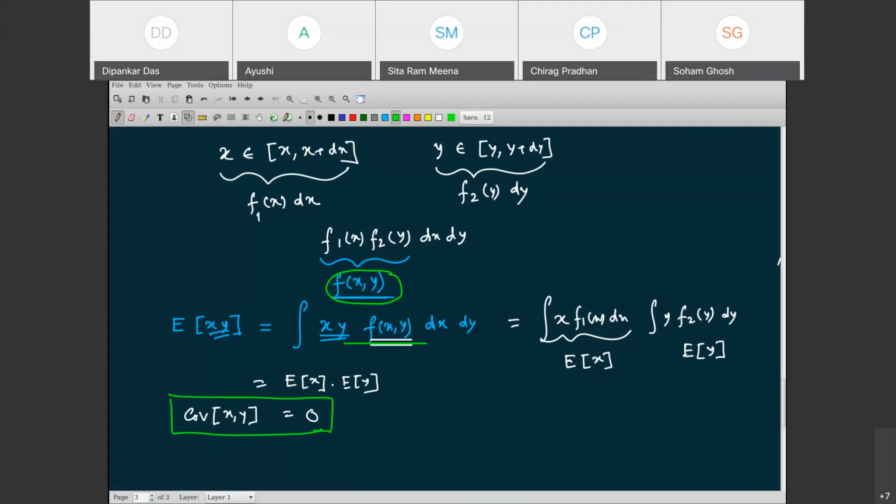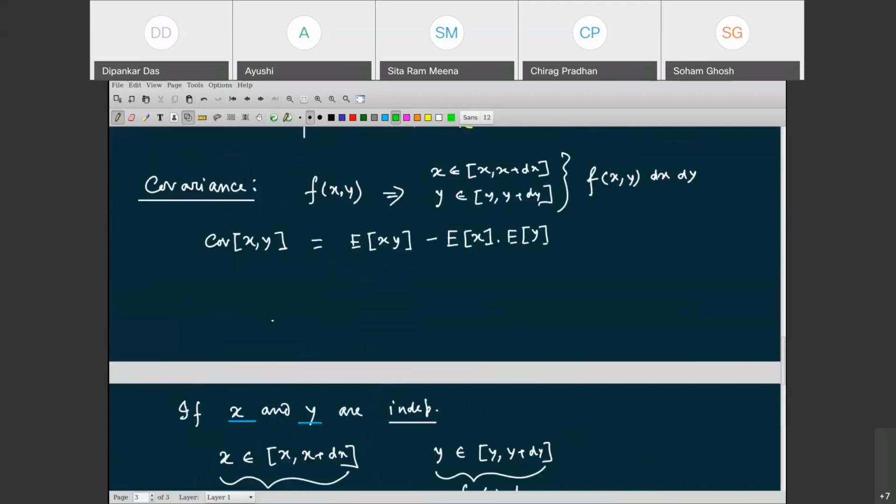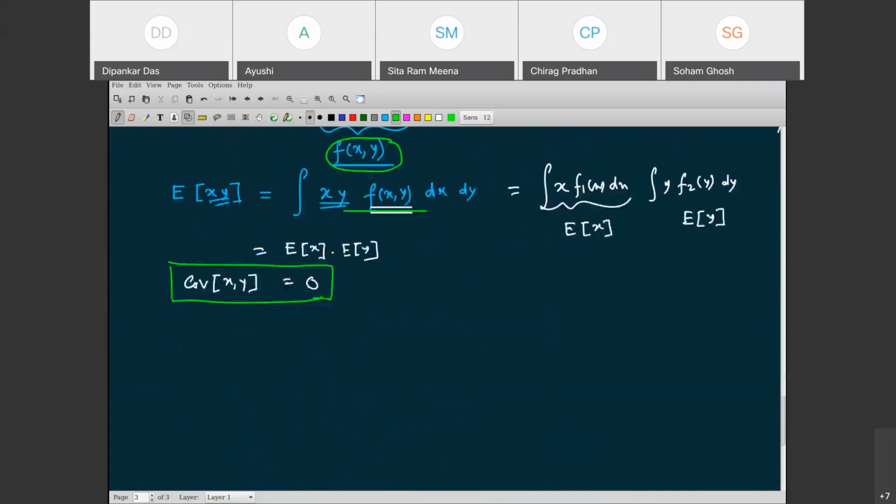Now, if I take the dimension of x and y, the dimension of the covariance will be the dimension of x times the dimension of y, if x and y are dimensionful variables.